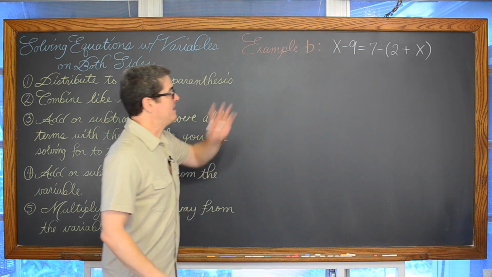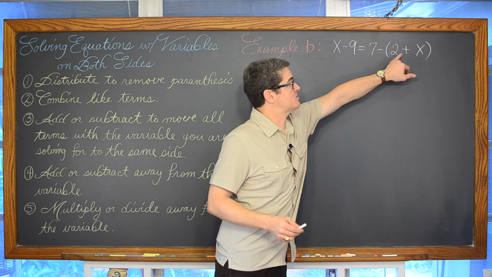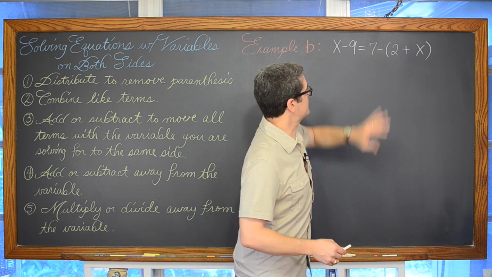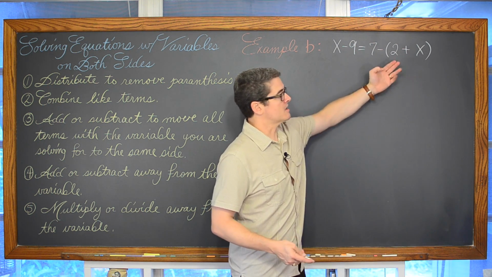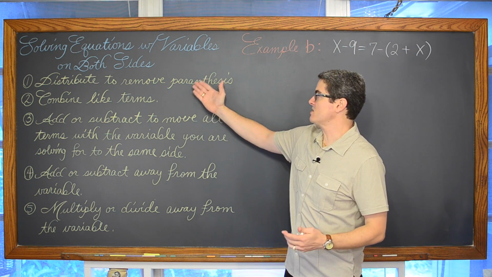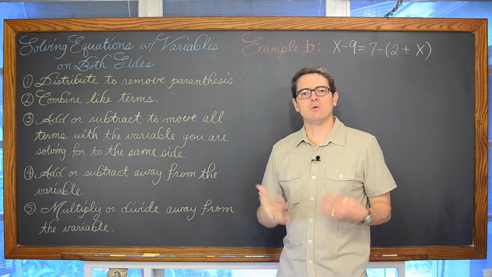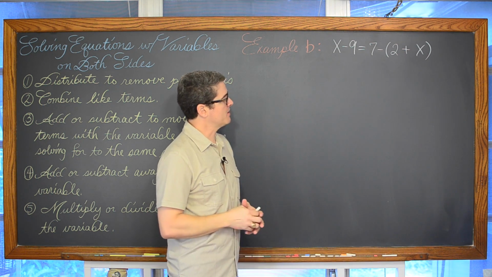Alrighty, for example B, or the second example, we have x minus 9 is equal to 7 minus the quantity 2 plus x. So we can see with this particular problem, we do have a set of parentheses. And to get rid of those, so we can write it without parentheses, we're going to distribute through those parentheses. Distribute what? Multiply what through those parentheses?